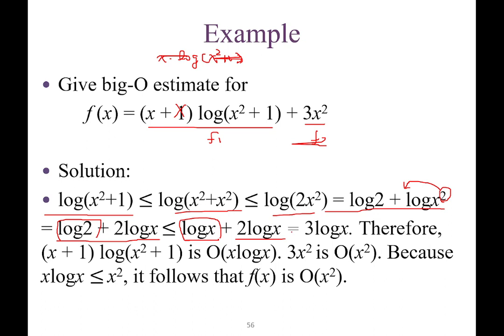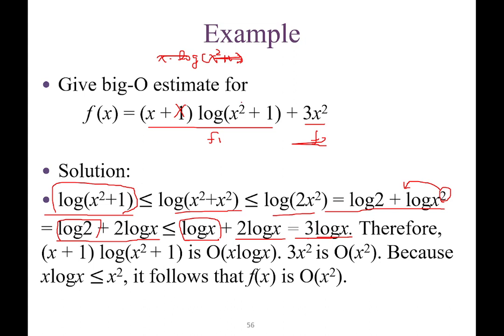Okay, so we can write the log terms together as 3 times log x. So actually log(x squared plus 1) is at most 3 times log x; its order is log x. You can consider log x squared, log x cubed, or log x to the power of 100, it doesn't matter because its order is still log x.